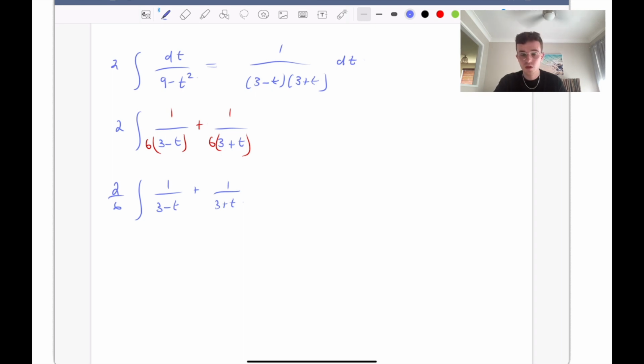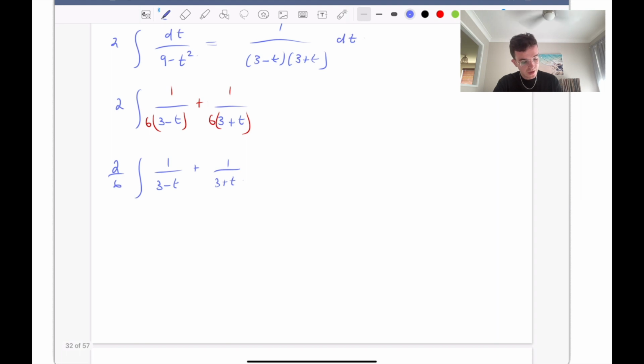Okay. So this is just a nice and easy ln integration. So if we were to integrate this, it's going to be 1/3. Now we ideally would like to have a negative on the top, and that's because the differentiation of minus t, or the differentiation of this on the bottom is, actually no, ignore me.